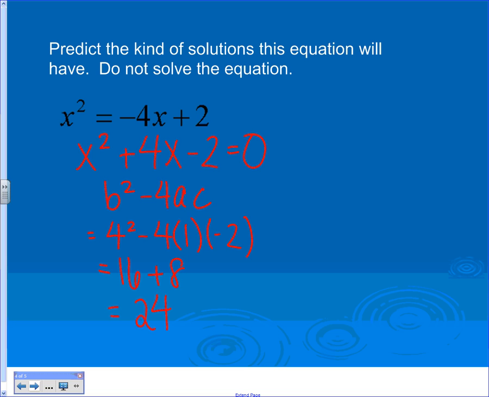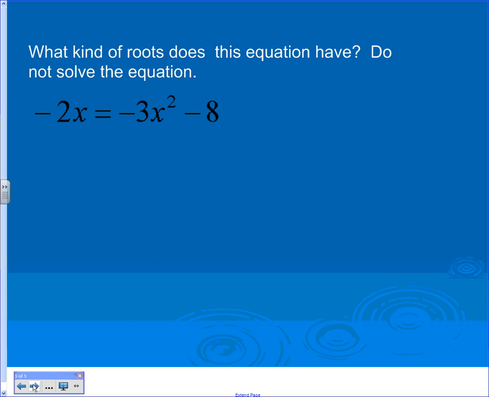Okay, let's look. So let's look at another example. What kind of roots, what kind of answers does this equation have? Do not actually solve these.